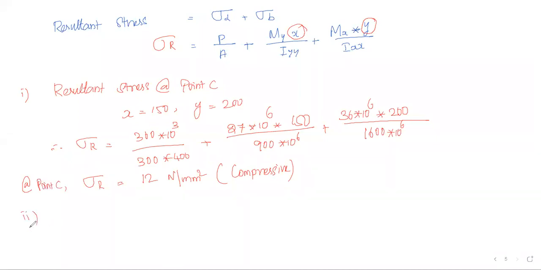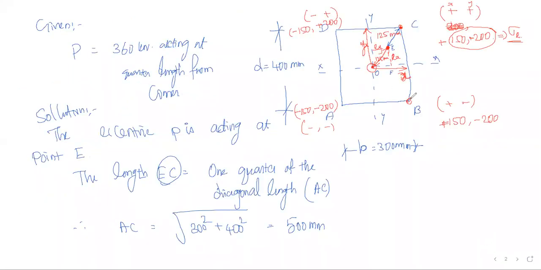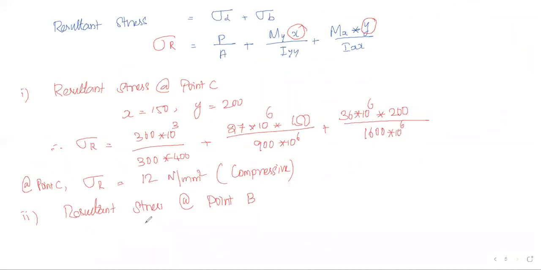Next, the resultant stress at point B. Here x is equal to plus 150 and y is equal to minus 200.